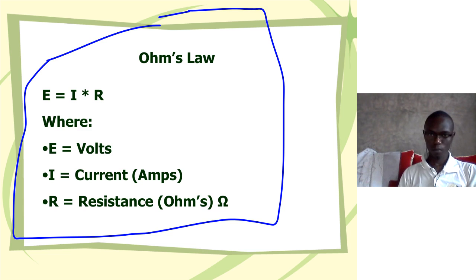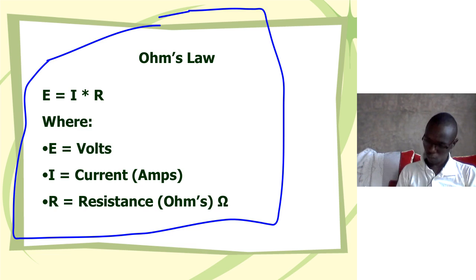Any question as far as the introduction is concerned? All that we've done so far is not part of our syllabus. Our syllabus is going to begin at electronic components, capacitors, resistors, and so on.